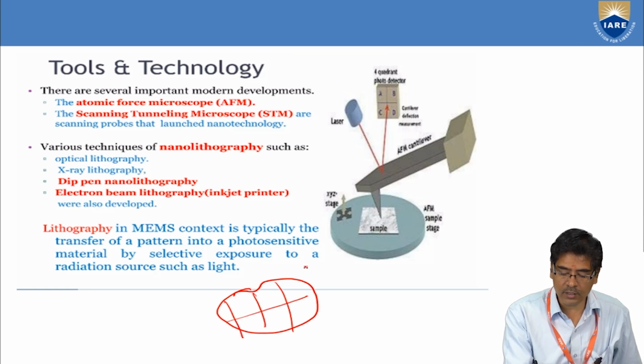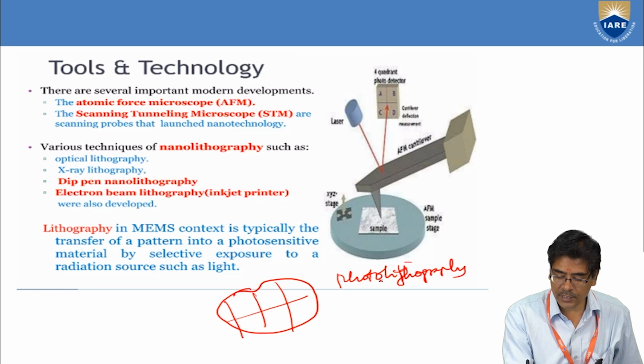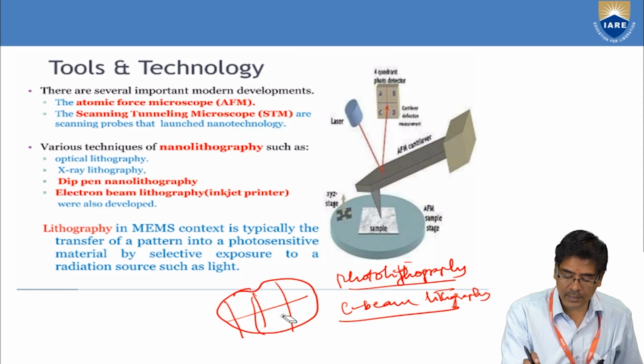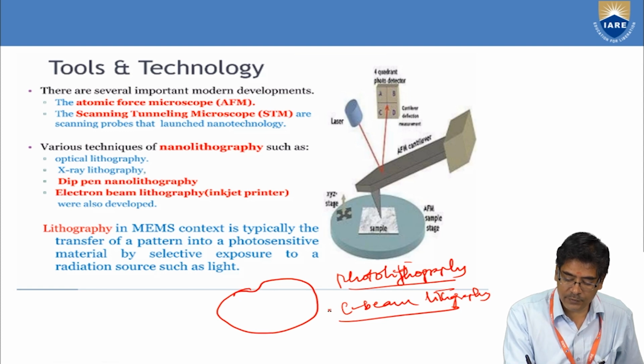One of the lithographic techniques we need is the photolithography technique, and the other is the E-beam lithography technique. So with E-beam lithography, when you want to write on this particular silicon wafer, first we need to write it.